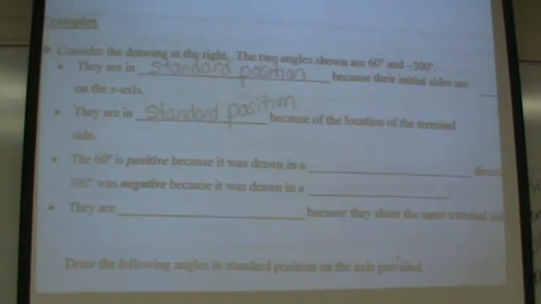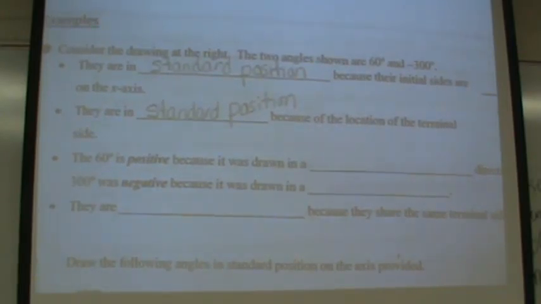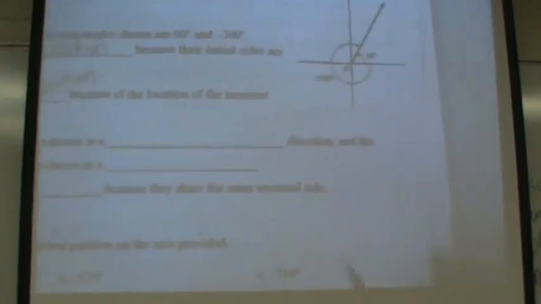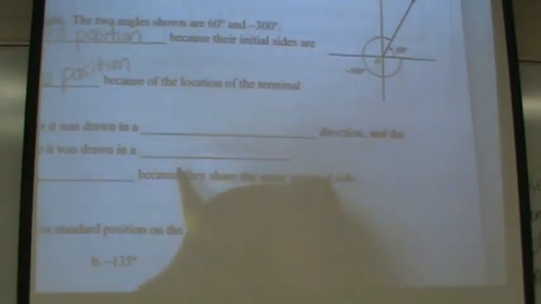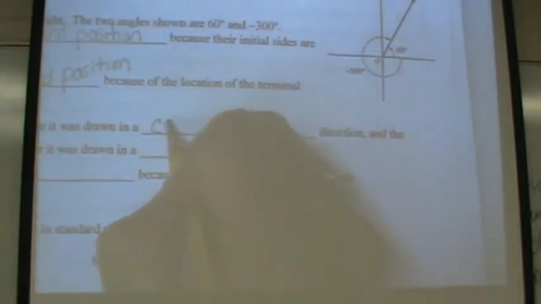And they're coterminal. The 60-degree angle is a positive angle because it's going counterclockwise.